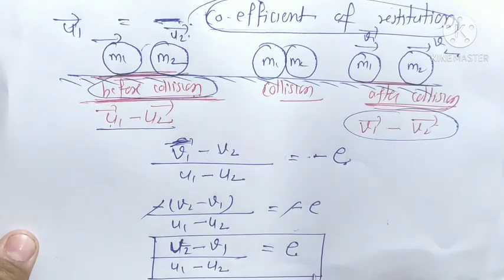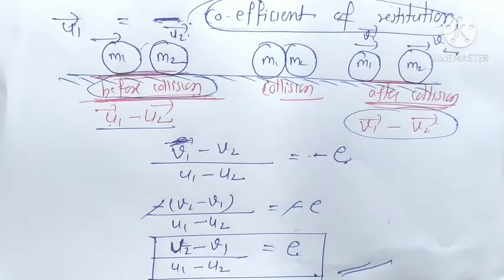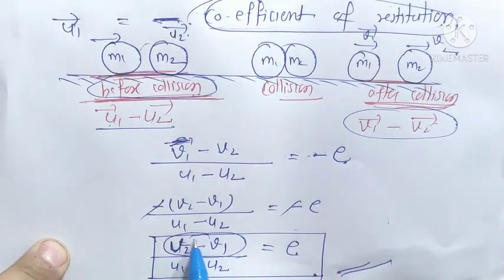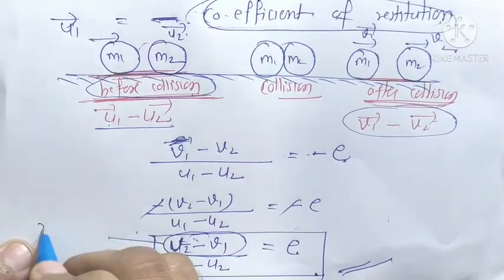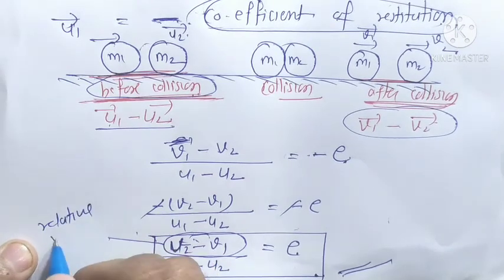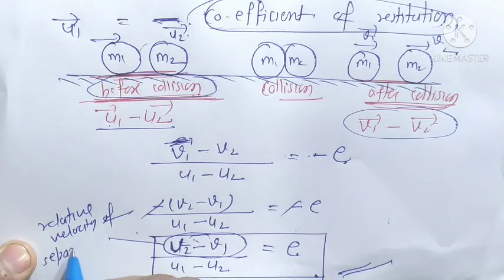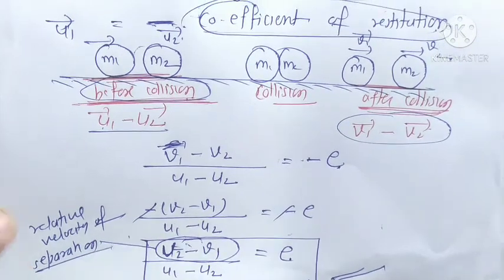So this is our value. Here v2 minus v1 is the relative velocity of separation.